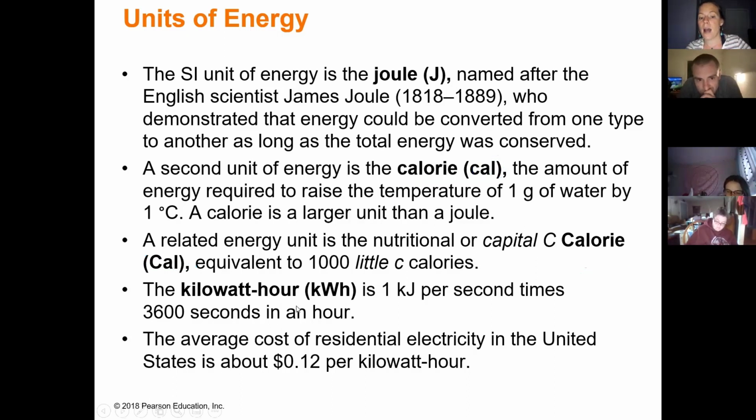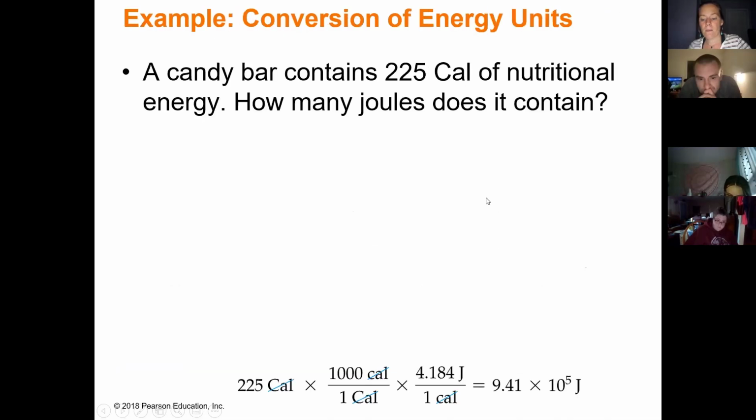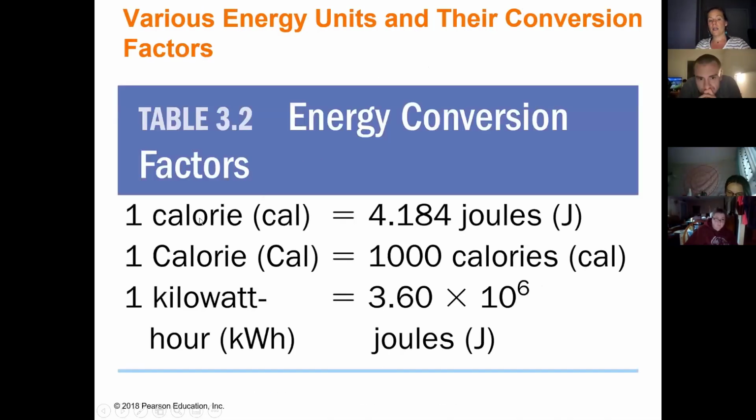We also have the kilowatt hour, which is 1 kilojoule per second times 3,600 seconds in an hour. This is a value that you would see on like your electric bill. And I don't do a whole lot with the electrical energy, so I'm going to stick more with joules and calories. Okay, so here are your conversion factors for energy.